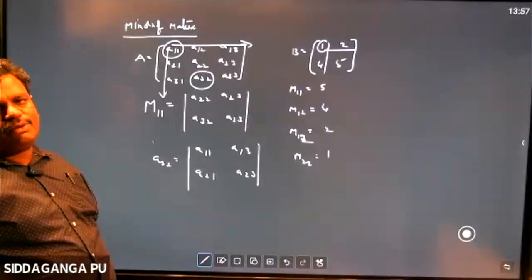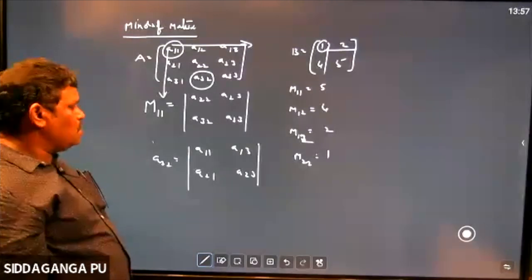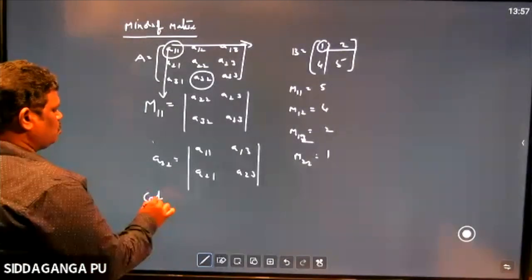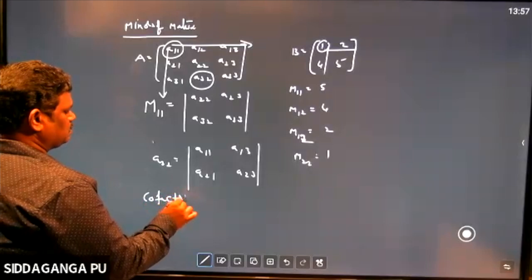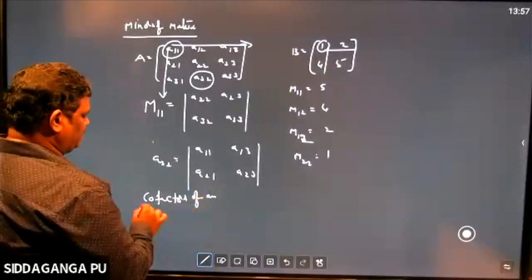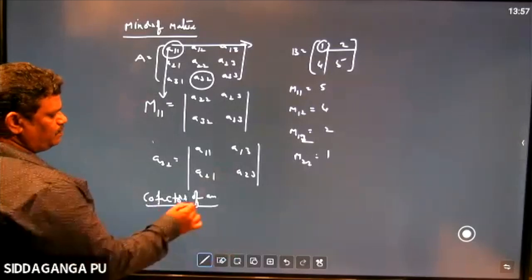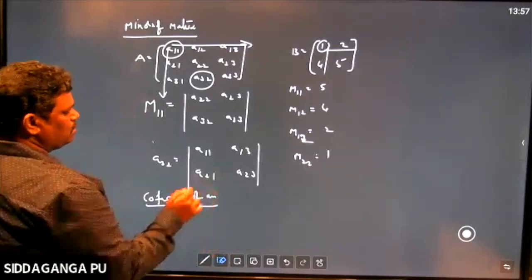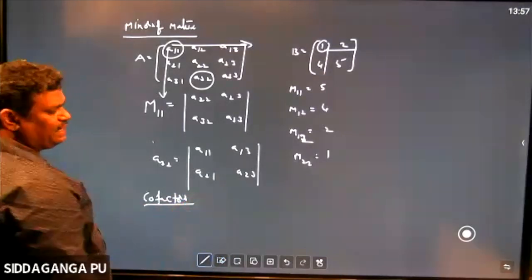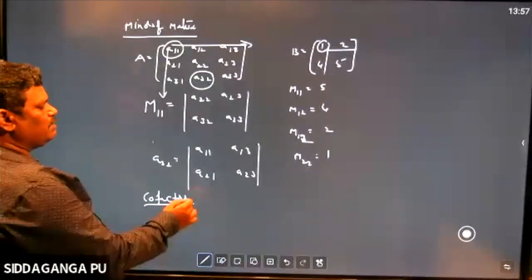Next, another definition: cofactor. So what is a cofactor? Cofactor of an element in a matrix. How do we define cofactors? Cofactor is nothing but, first we find the minors.